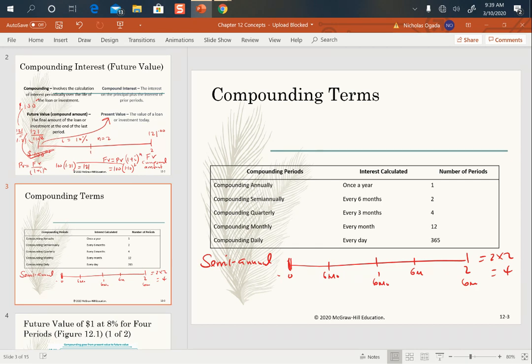Compounding on a quarterly basis is every 3 months. So every 3 months you earn interest, the next 3 months you earn interest, the next 3 months, the next 3. So in 1 year you'll end up having 1, 2, 3, 4 compounding periods.